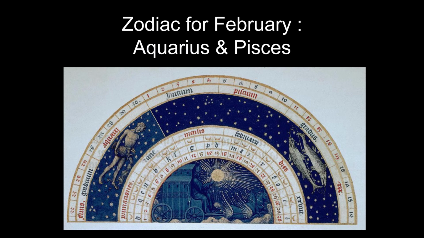Okay, this is the zodiac for February. And it shows Aquarius, the water bearer, and Pisces, two fish, in the heavens. These were the constellations, and through which the sun, I guess, was traveling. And so then we see below that lower arc with the chariot of the sun.